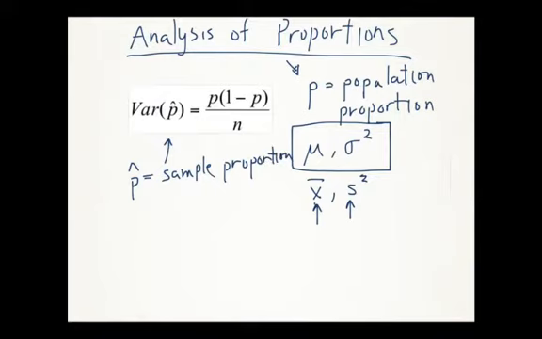I know it does seem a bit confusing because before we had Greek letters for population parameters and then normal letters for their sample analogs. Now we have the ordinary letter for the population proportion, and we put this hat over it for the sample analog. Okay, so that's why this particular formula here says variance of p hat equals p times 1 minus p divided by n.